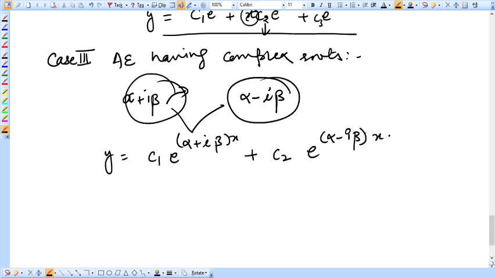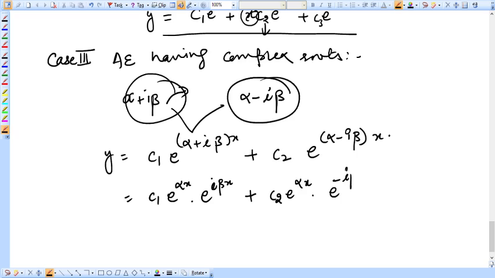Now it can be written as c1 e raised to power alpha x into e raised to power iota beta x, plus c2 e raised to power alpha x into e raised to power minus iota beta x, right? We know Euler's theorem on complex numbers.